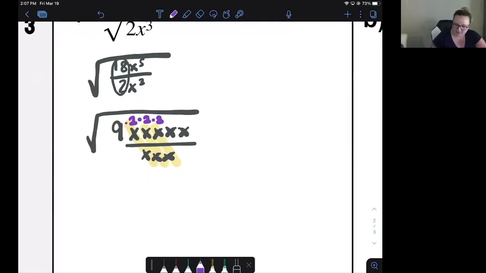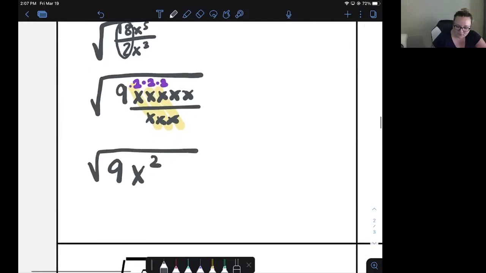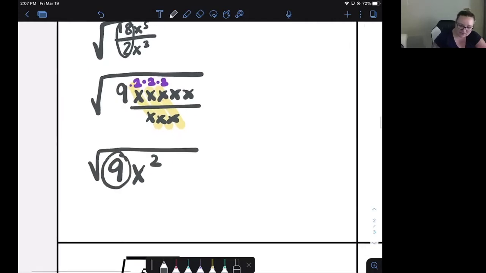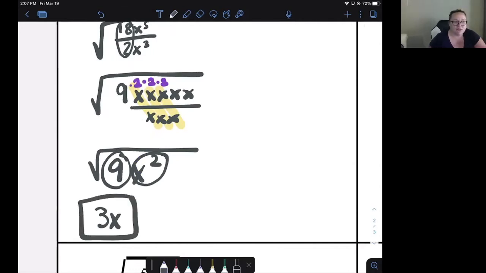And my denominator completely canceled. So I'm left with the square root of 9 times x squared. Well, check it out. What's the square root of 9? 3. What's the square root of x squared? X. So my final answer is 3x.